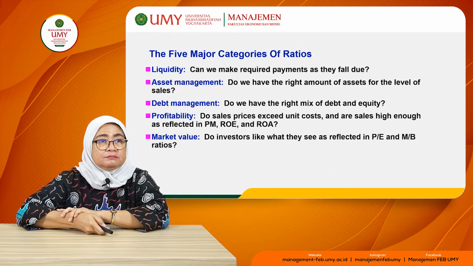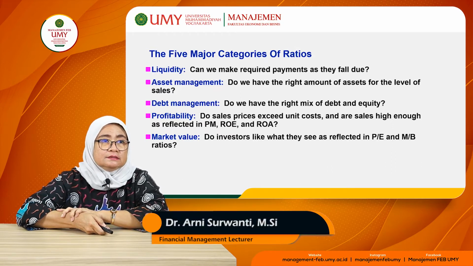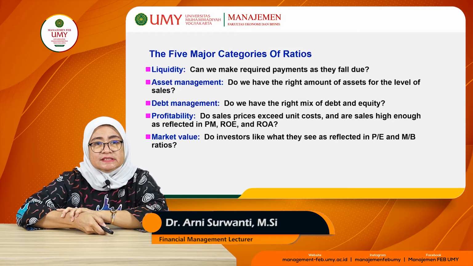Profitability tells whether the sales price exceeds the unit cost, and whether sales are high enough, as reflected by profit margin, return on equity, and return on asset. And then market value. Do investors like what they see, as reflected in the price earning ratio or market to book value ratio?